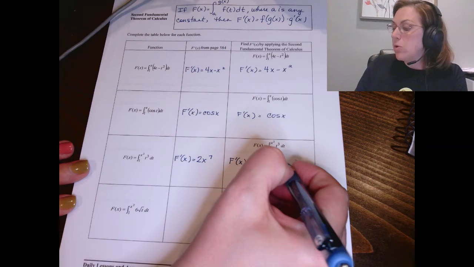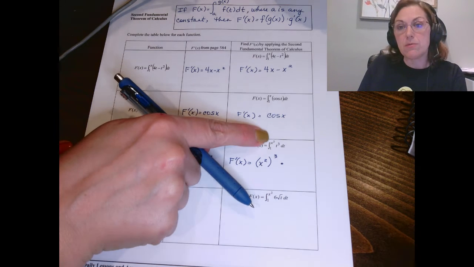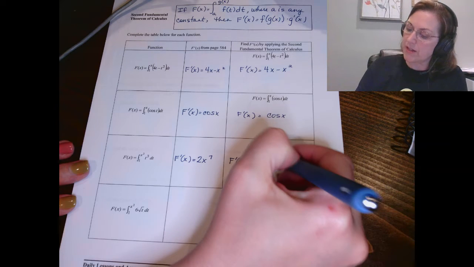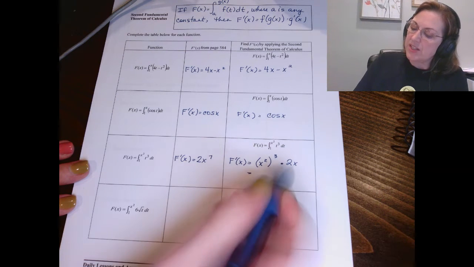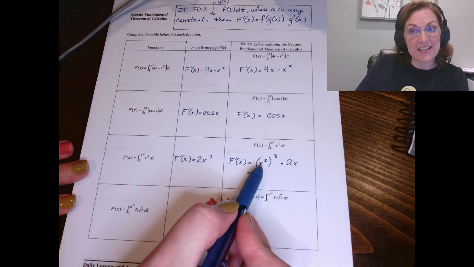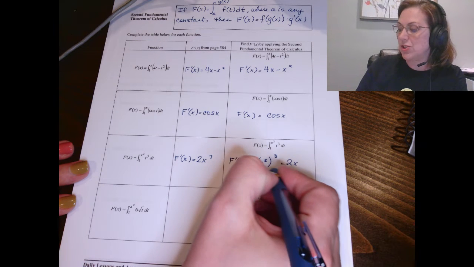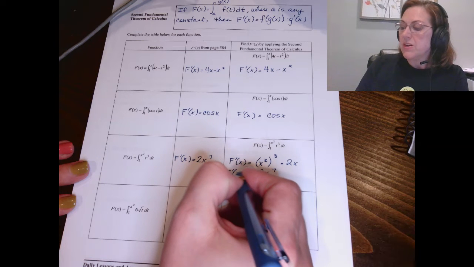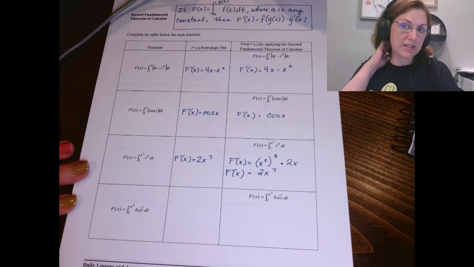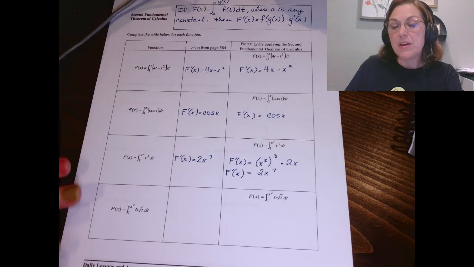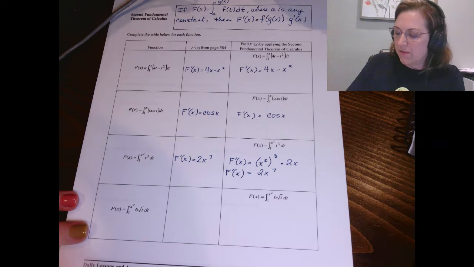And then I've got to multiply by the derivative of the bound. So the derivative of x squared is 2x. So this is how I get x to the 6th times x. That gives me x to the 7th, and then I have a 2 in front. So I get the same answer when I do the second fundamental theorem, but we didn't know why before now.